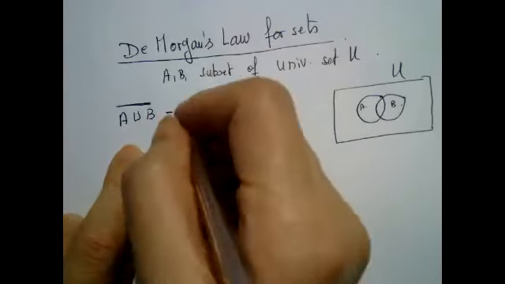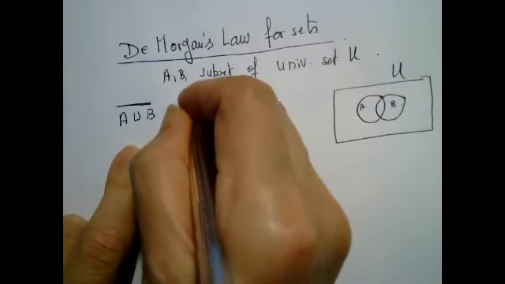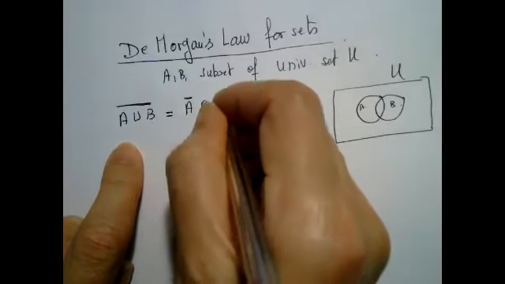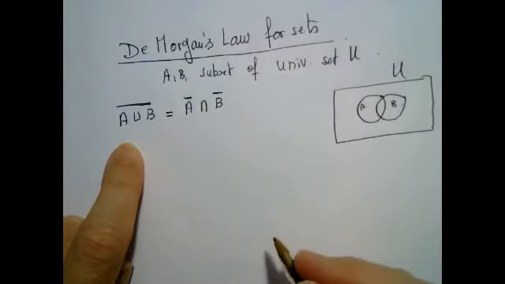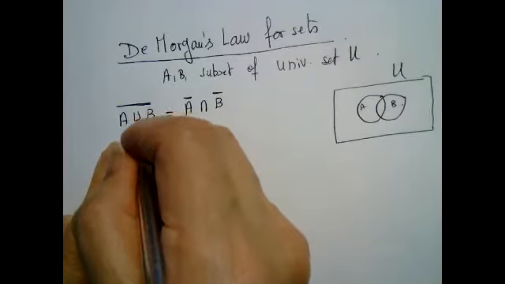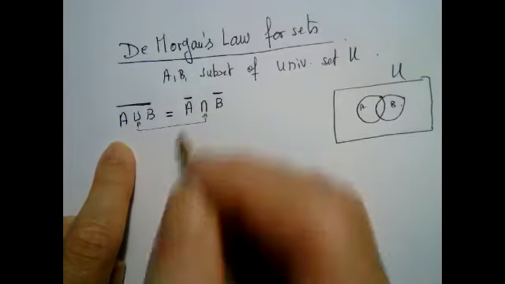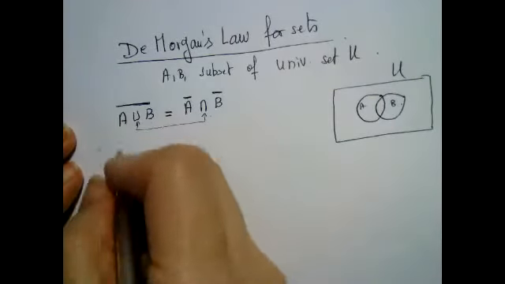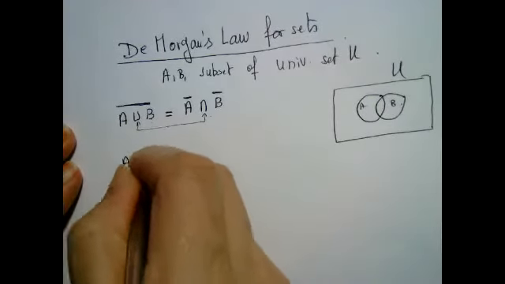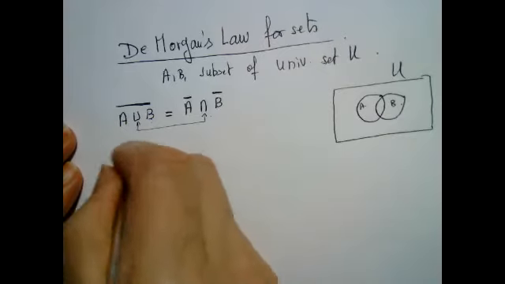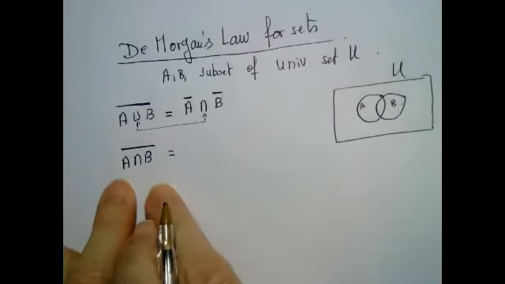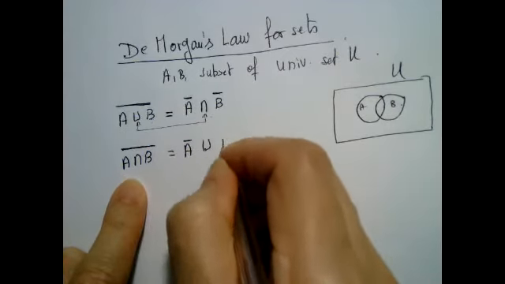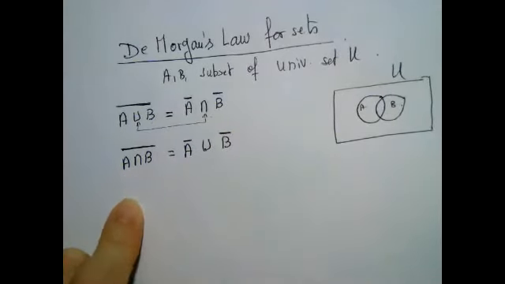So the complement of the union is going to be the complement of A intersect the complement of B. The complement of the union turns the union immediately into the intersection. And the same thing for the complement of the intersection is the complement of A union the complement of B.